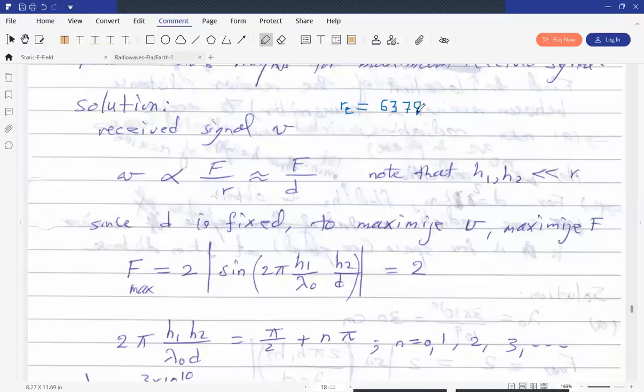Yes? Yes. If you use this radius, the ray will not propagate in straight lines. It will propagate in a curved line. Okay?